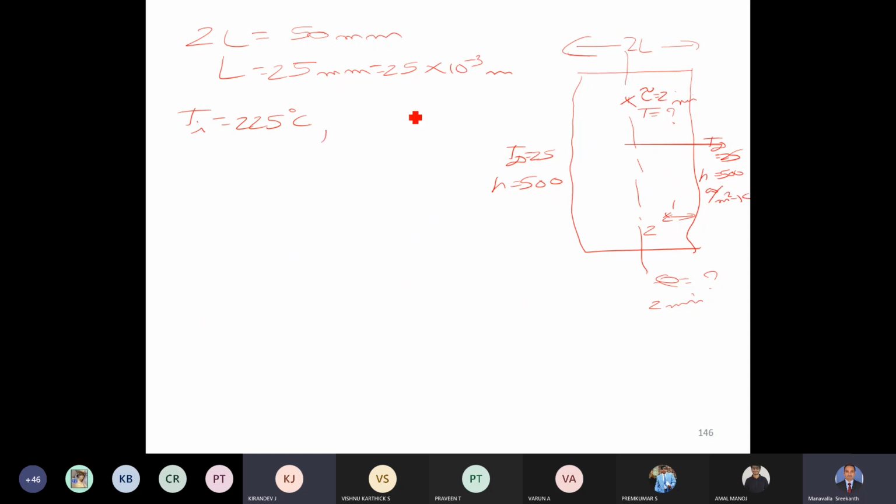So basically for our problem, the time tau is 2 minutes, which is 120 seconds. This is the data we have.